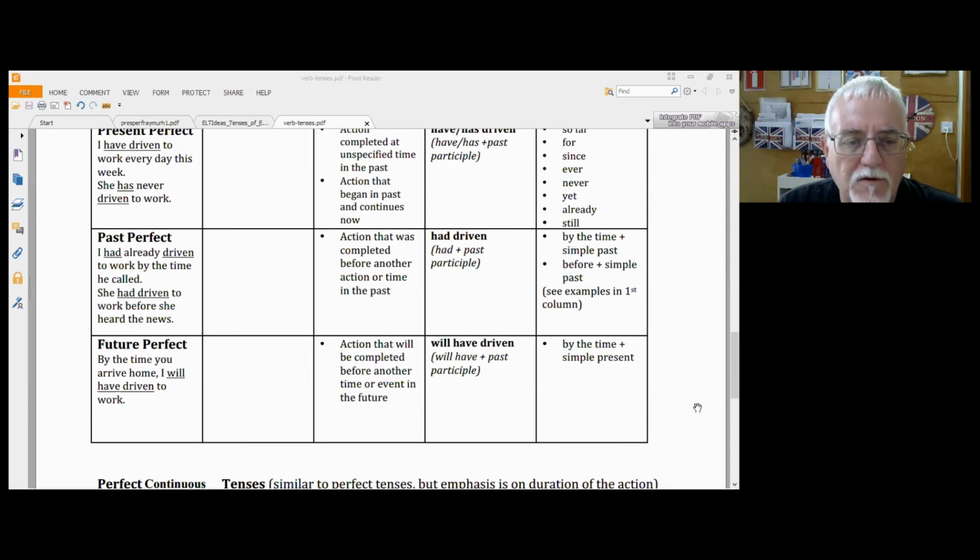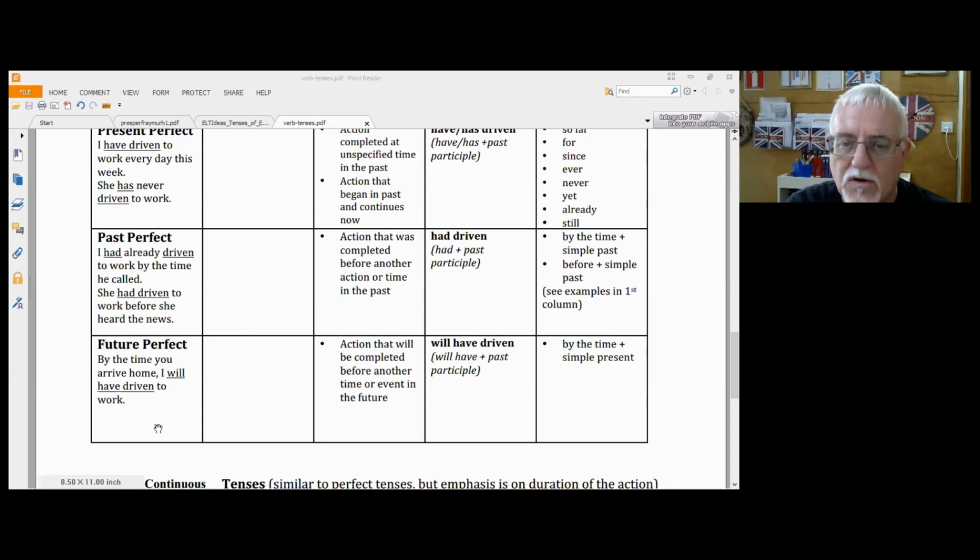And so now the future perfect tense, we'll look at the timeline. It's an action that will be completed before another time or event in the future. So we use will have and the past participle. So let's look at this sentence. By the time you arrive home, I will have driven to work. So we're using the trigger word "by the time" plus the simple present tense, okay?